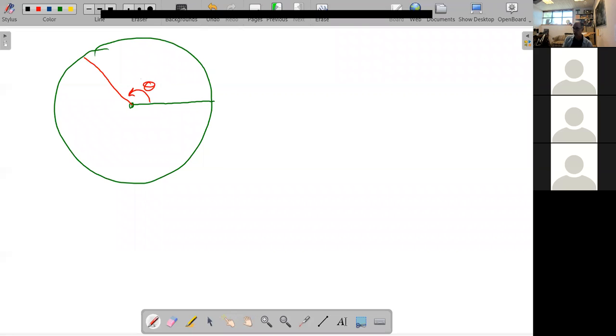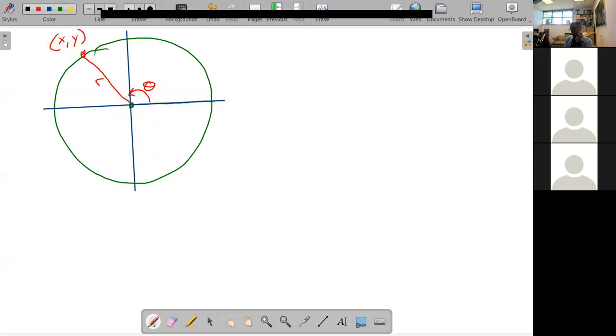Now, usually we have a coordinate system involved, so I'm going to draw in my y-axis here and my x-axis there. So then I have this point out here, and that point right there has an x value and a y value, and this circle has a radius. And let's suppose the radius may not be 1.